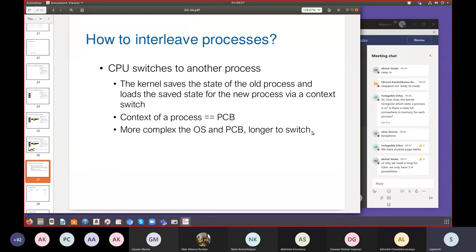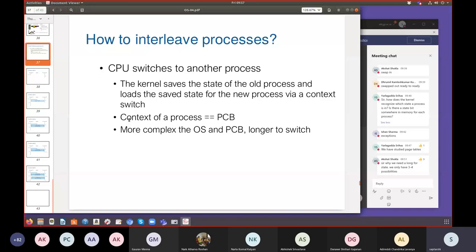Not all operating systems have the same structure of the PCB. In this course, we are not discussing any particular operating system, but I would imagine that the PCB in Windows is very different from the PCB in Linux or BSD. So understand that the more complex you make the operating system and the PCB, the longer it will take to switch.